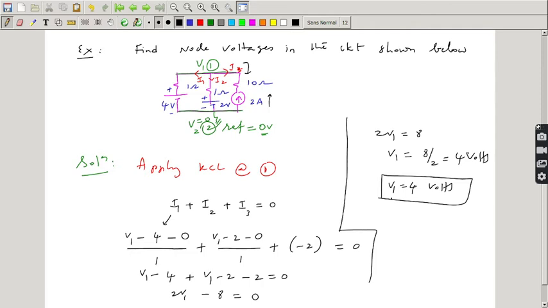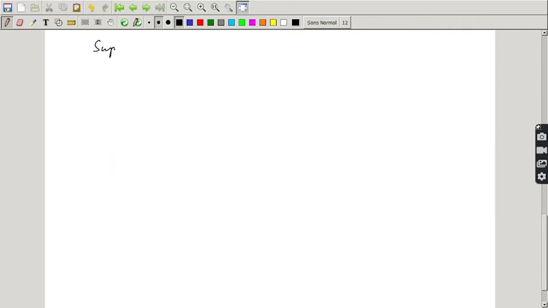So one more point I can go here: the super node technique. What is this actually?